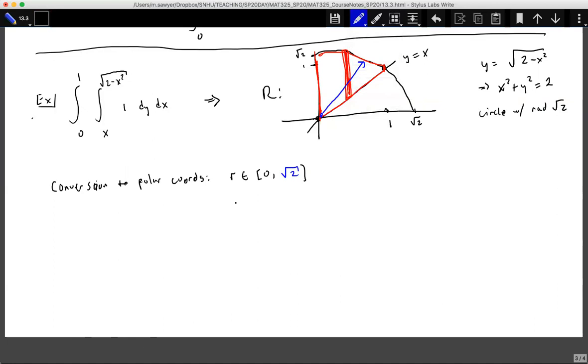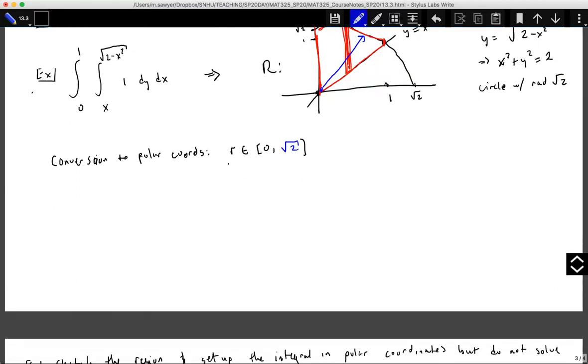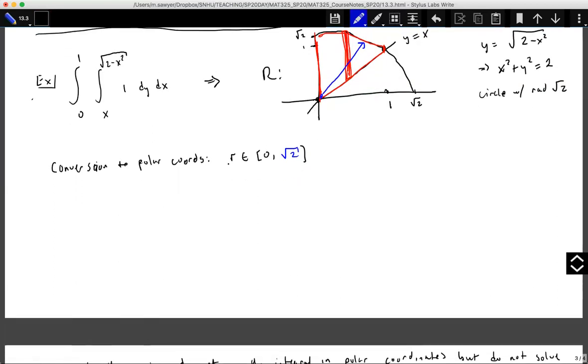Now when we're considering what our value of theta is, we need to consider what our angle is. At y equals x, this is the same thing as saying that r sine theta is equal to r cosine theta, by definition of polar coordinates.